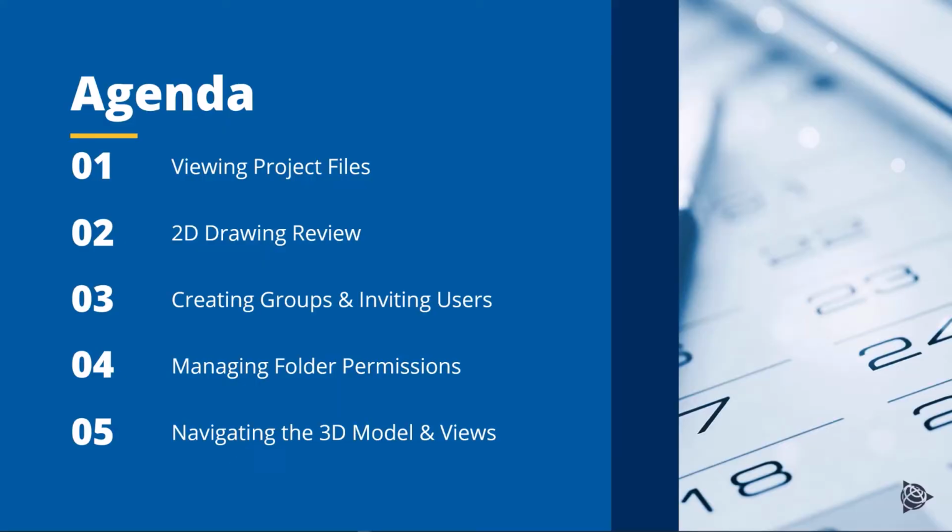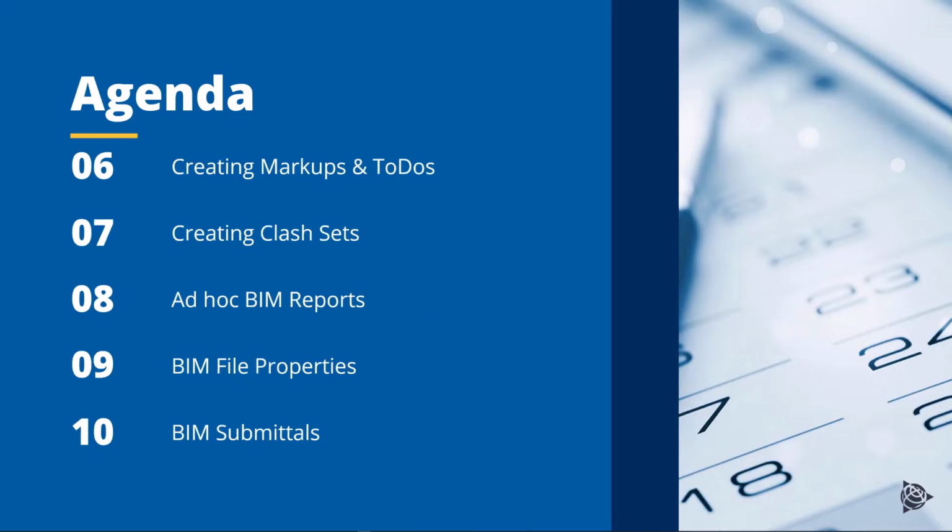So we have several topics to focus primarily on Trimble Connect functional overview, such as viewing project files, 2D drawing review, creating groups and inviting users, managing folder permissions, navigating the 3D model and views, creating markups and ToDos, and creating class sets. And for Constructible Workflow, we have ad hoc BIM Reports, BIM File Properties, and BIM Submittals.